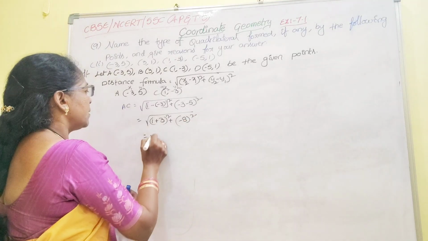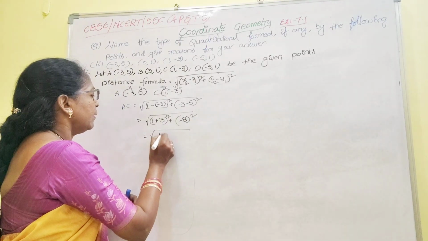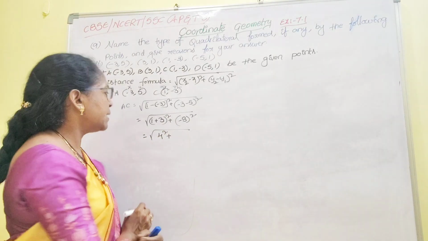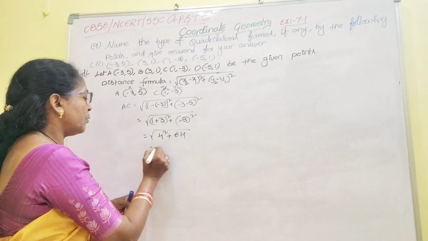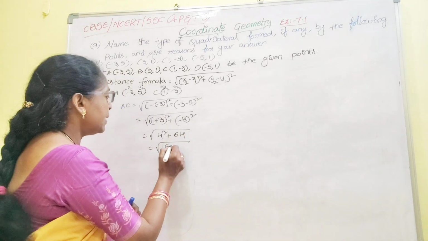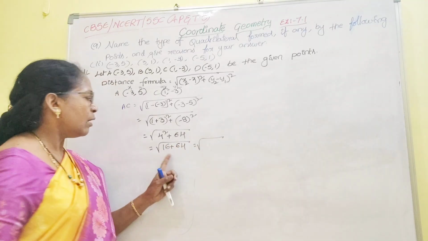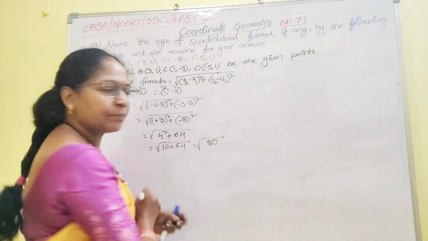So 4 square is 16, plus 8 square is 64. The square root of 16 plus 64 equals the square root of 80.